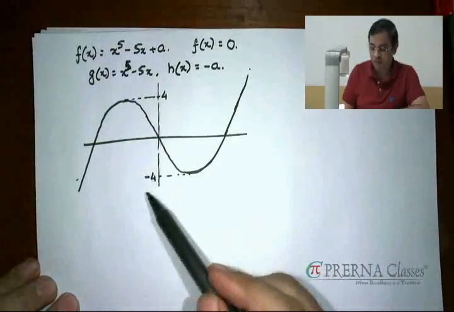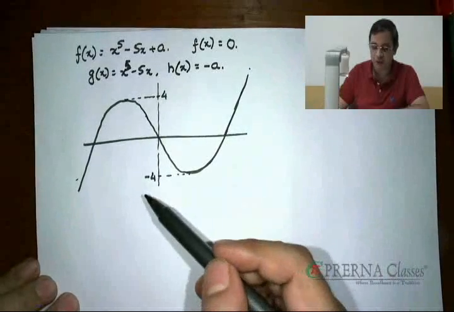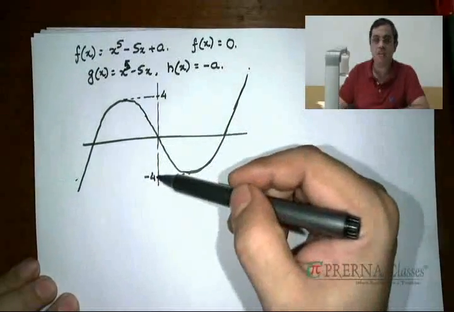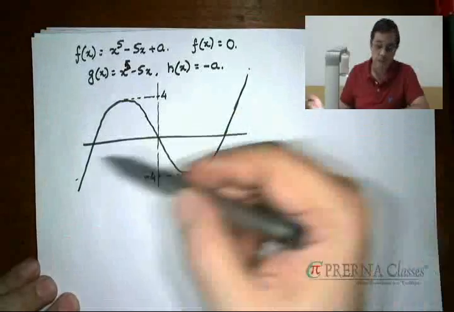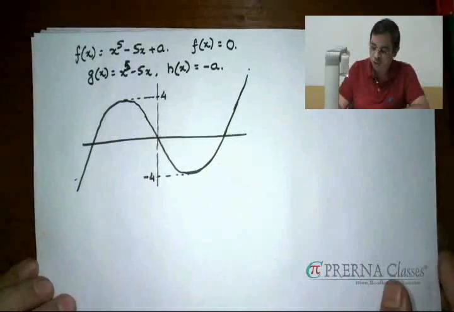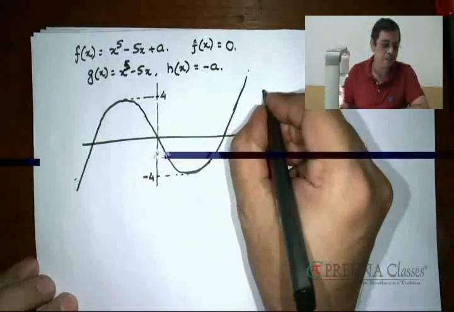If a is equal to plus or -4, there are going to be two intersections here. If modulus of a is between 0 and 4, that is a lies between -4 and 4, then there are going to be 3 points of intersection, which gives us then the answer to that question as B.